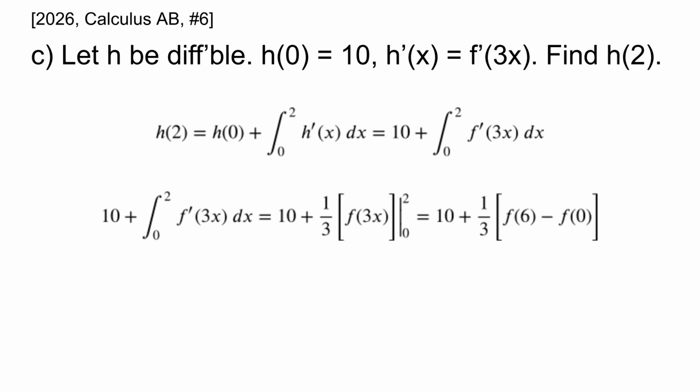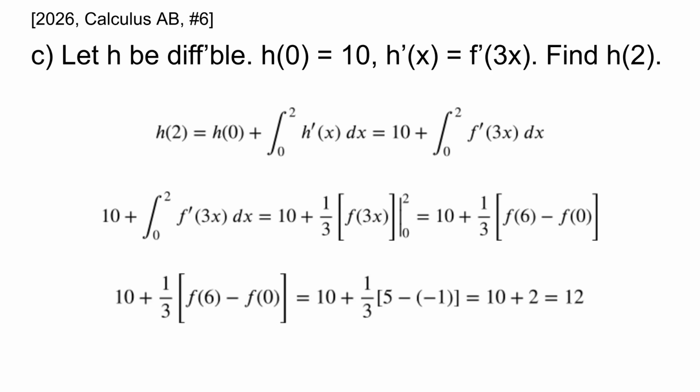This would equal 10 plus 1/3 of f of 3x evaluated between 2 and 0, which becomes 10 plus 1/3 of f of 6 minus f of 0. From the table, f of 6 is 5 and f of 0 is negative 1. So h of 2 would be 10 plus 1/3 of 5 minus negative 1, which is 10 plus 1/3 of 6, which is 10 plus 2, or 12. And so h of 2 is 12.